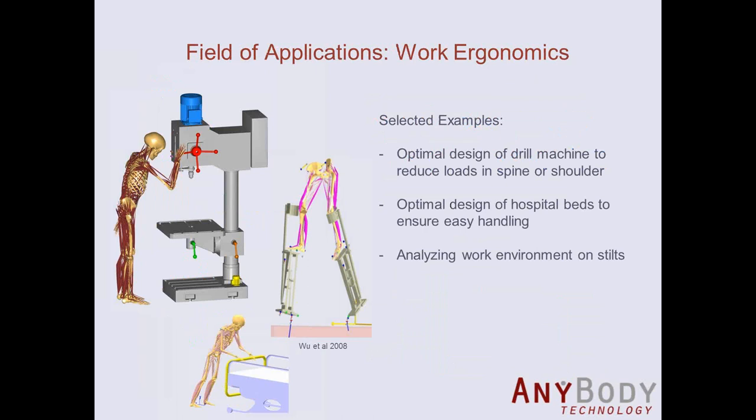There are many possibilities for using this SolidWorks2AnyBody translator. Here are only a couple of examples, but there are many more applications. First, we can use AnyBody for work-related ergonomics. As you can see in this picture, we can analyze the dimensions of the drill machine to reduce the load on the spine or shoulder joint of operators.